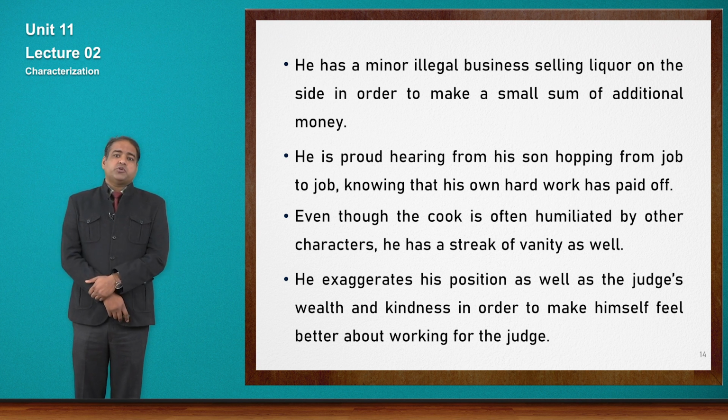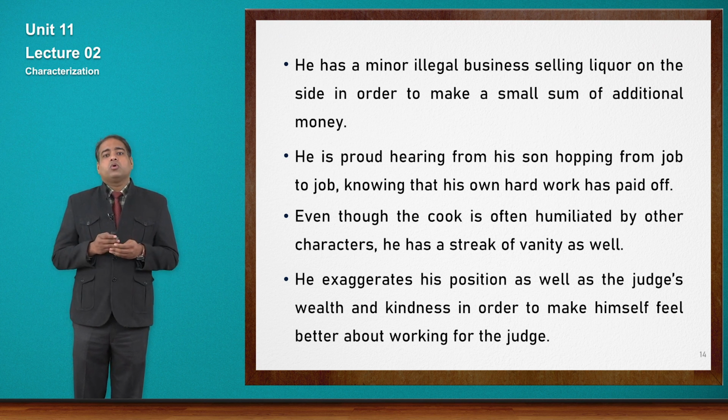He exaggerates his position as well as the judge's wealth and kindness in order to make himself feel better about working for the judge. So friends, we can say that this character, the cook, exaggerates his position somewhere. He tells lies that he is very happy in this job, he is very comfortable, and then he exaggerates about the judge's wealth, that the judge is a very rich person and very kind person.